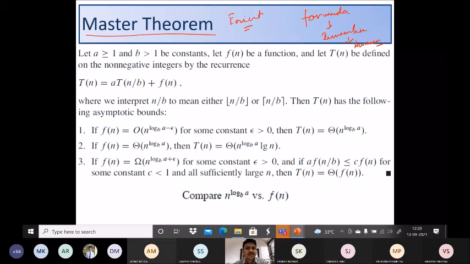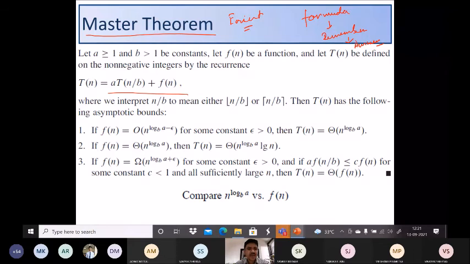Okay. So check. What is the formula? The formula looks like this. When some recurrence relation is given to you, just transform it into this form: T(n) = a T(n/b) + f(n).